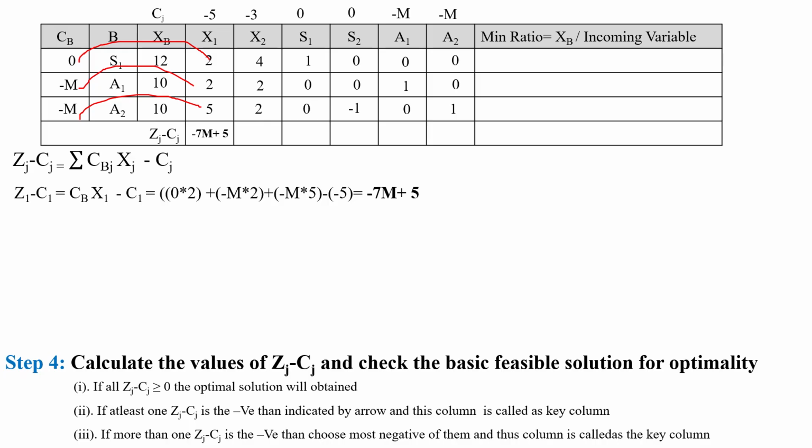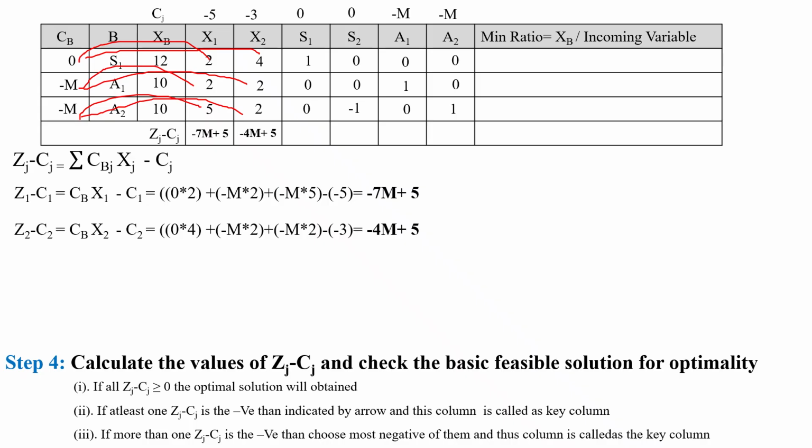Next, for the x2 variable, Z2 minus C2 is equal to 0 into 4 plus minus M into 2 plus minus M into 2 minus of minus 3, which is equal to minus 4M plus 5.